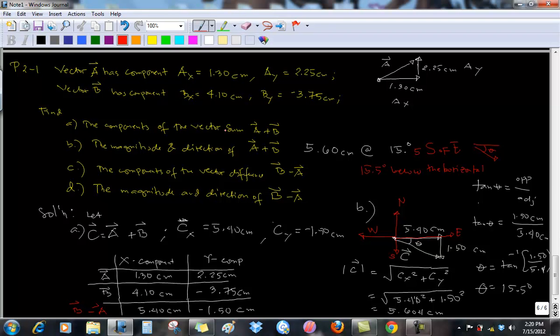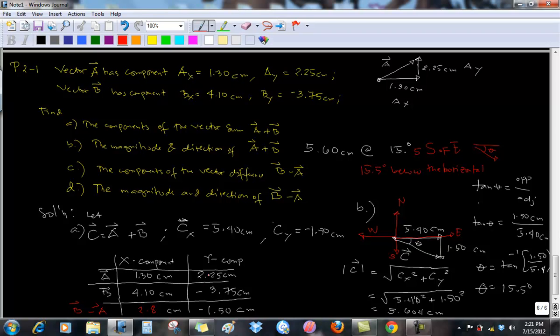So, instead of 5.40 earlier, the new answer is 2.8 cm.